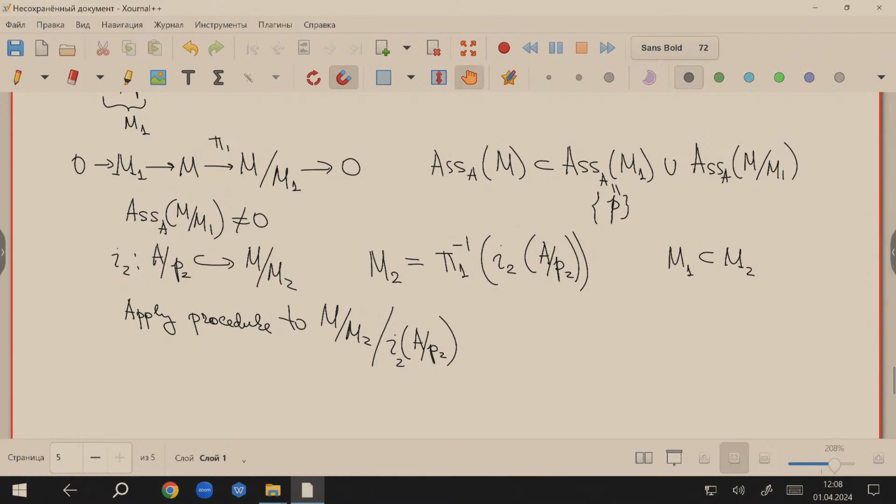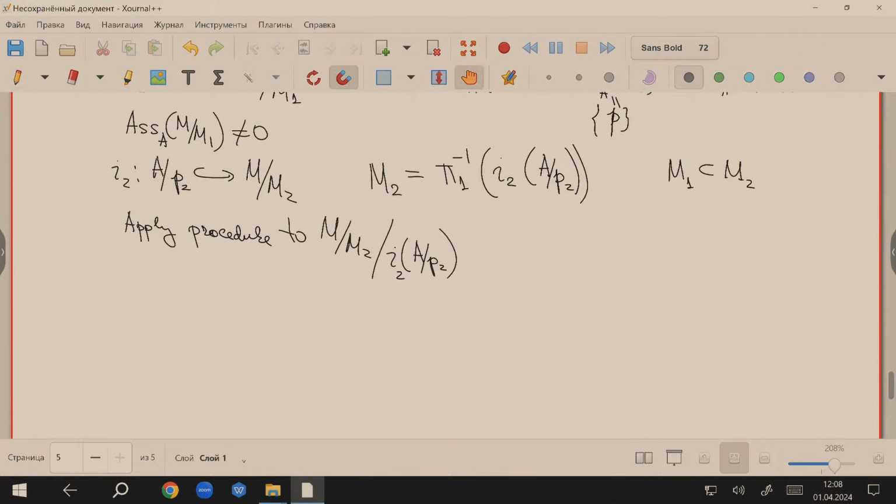And more generally, if we have constructed Mi, we see that associated prime ideals of M are associated prime ideals of Mi and the quotient.